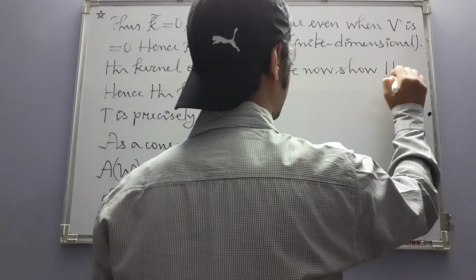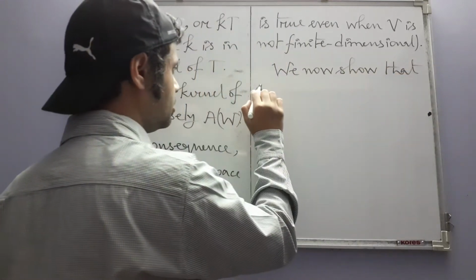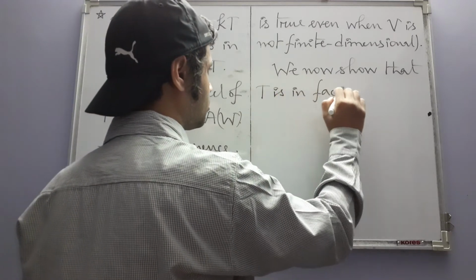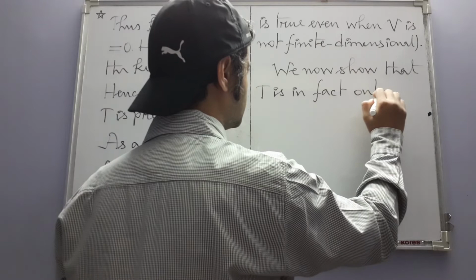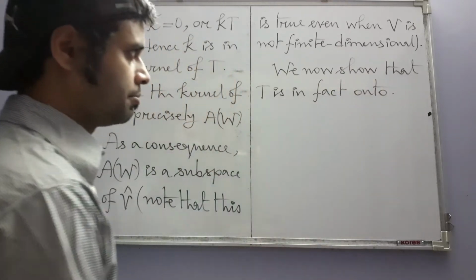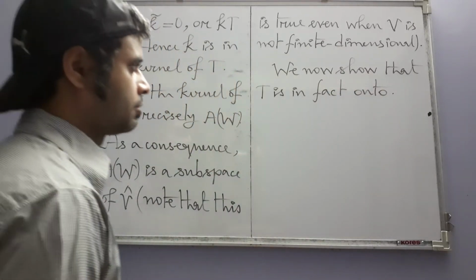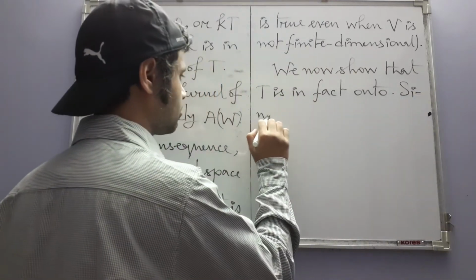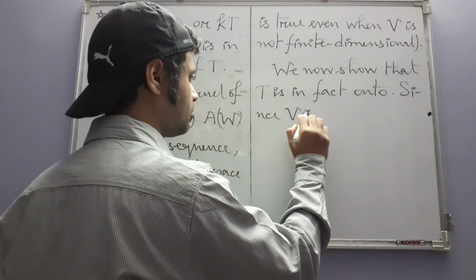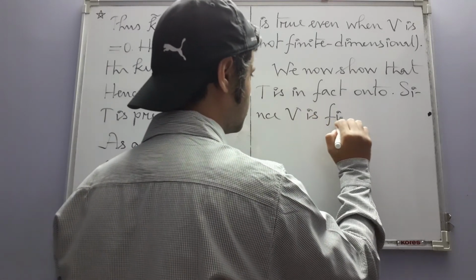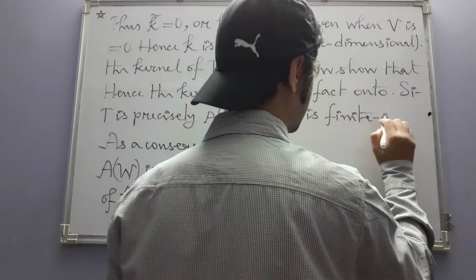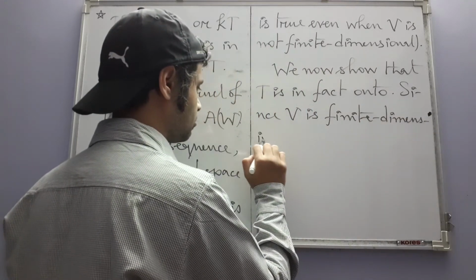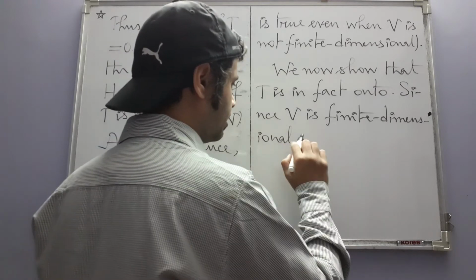We now show that T is in fact onto, that is, it is an onto homomorphism, since V is finite dimensional.